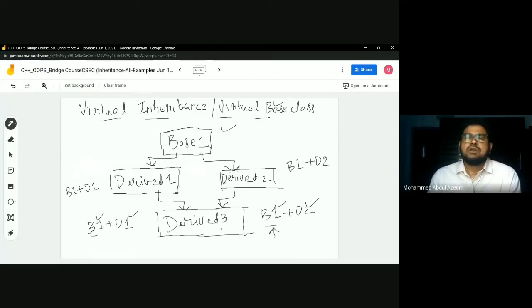So if you want to hide the data from the user, you can declare that particular data as private. That is the importance of private. Thereby it achieves data hiding, one of the important object-oriented programming system features.